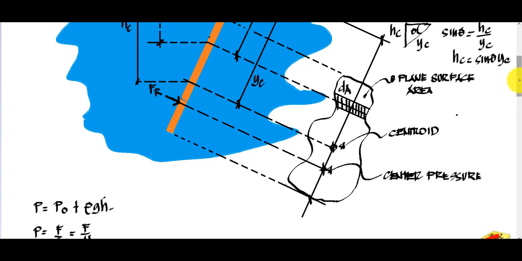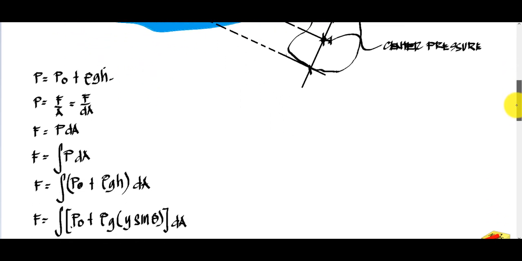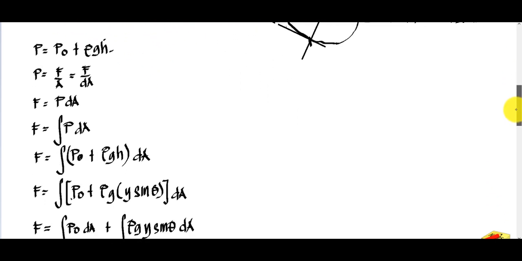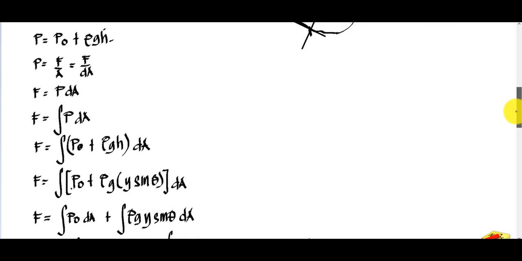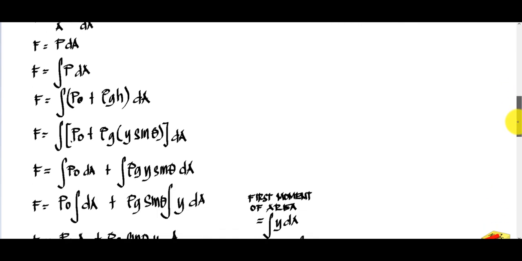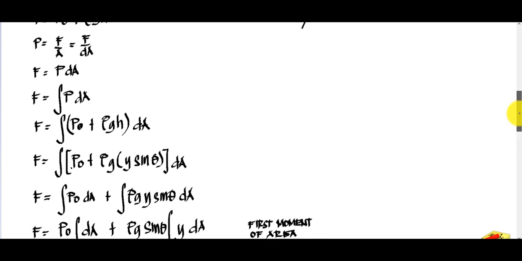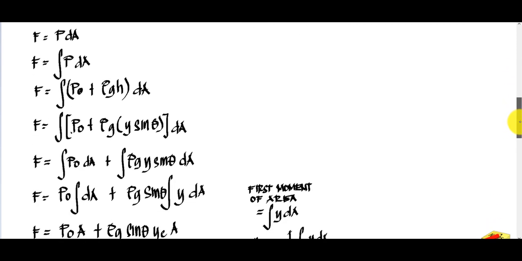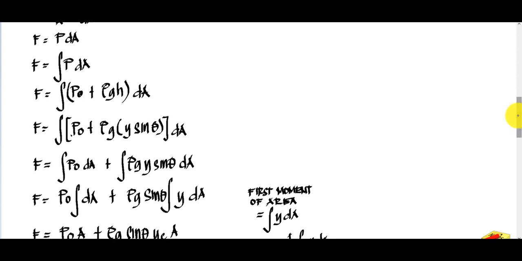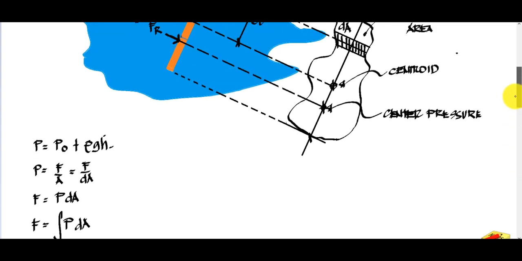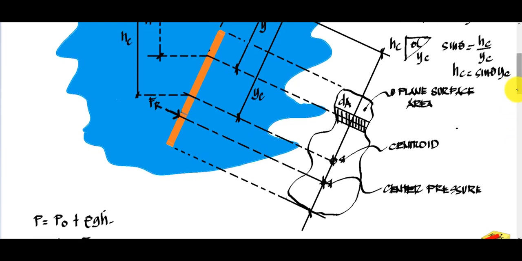The line of action of the resultant hydrostatic force in general does not pass through the centroid of the surface. It lies underneath, where the pressure is higher. The point of intersection of the line of action of the resultant force and the surface is what we call the center of pressure.